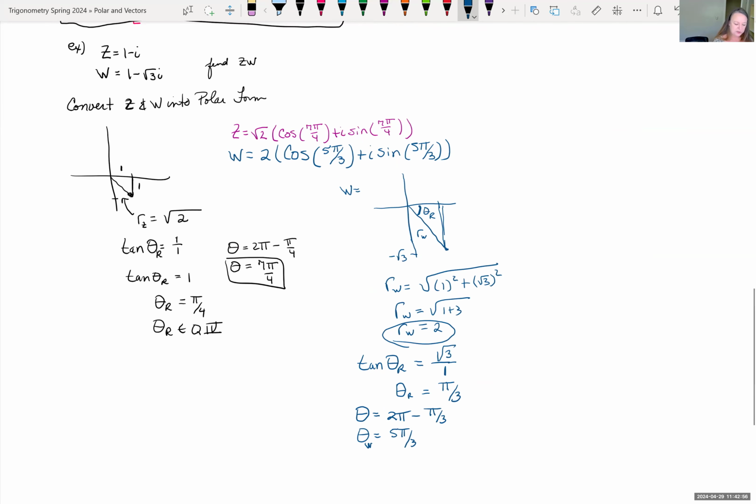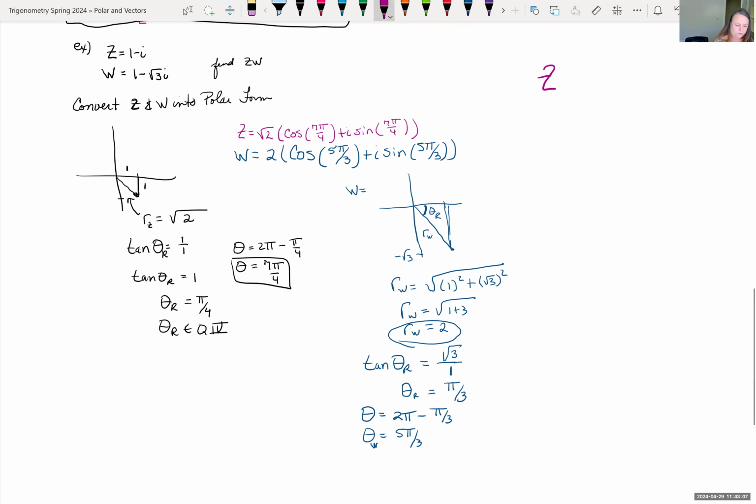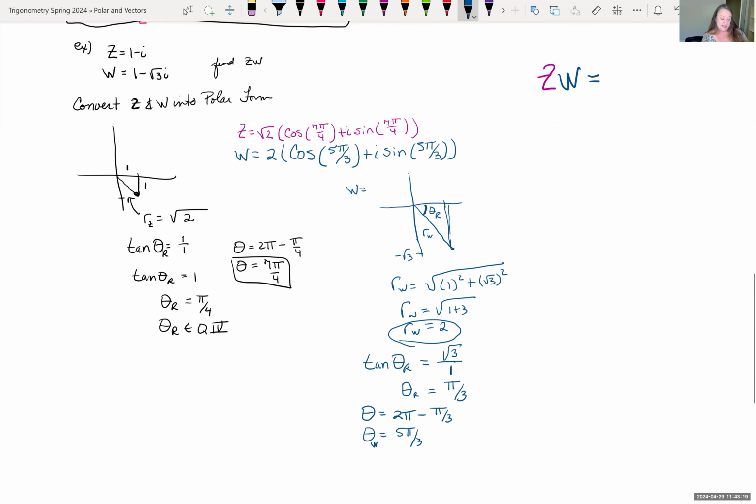So now I can use my formula to find z times w. Let's make my pen a little bigger. The formula said we're going to multiply our r values together. So I have root 2 times 2, which I'll write as 2 root 2, all times cosine.